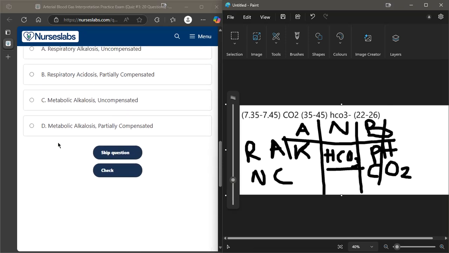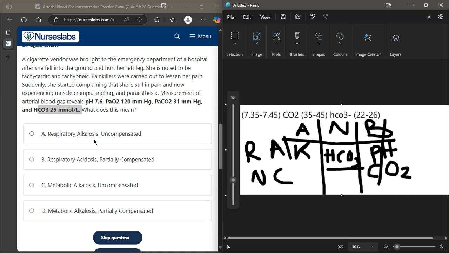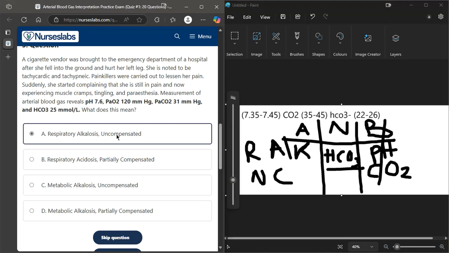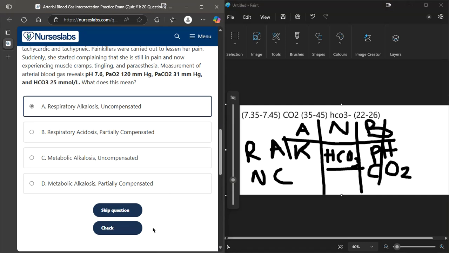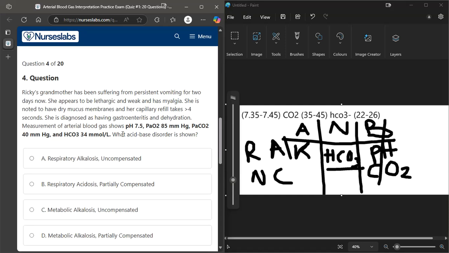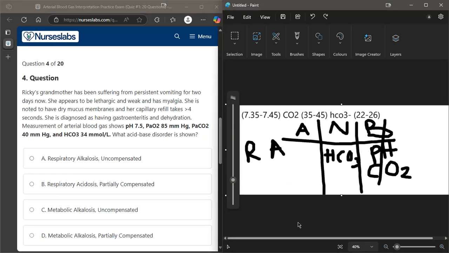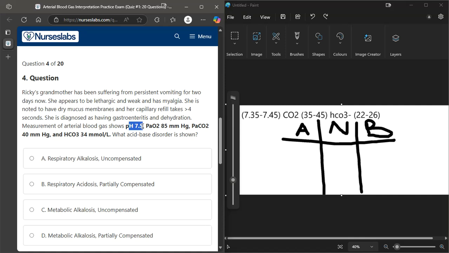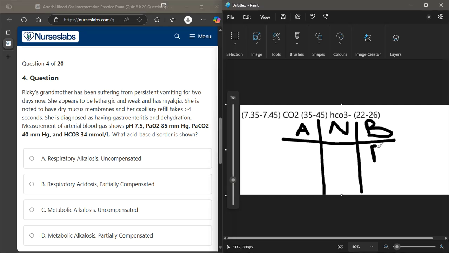So that's a respiratory alkalosis with no compensation, uncompensated. Okay, on to the next one, question 4. The pH we've been given is 7.55. The normal range is up to 7.45, so it's above that, which is basic.